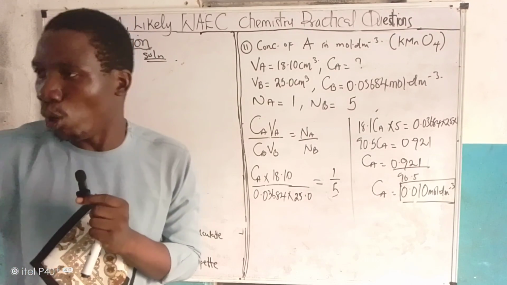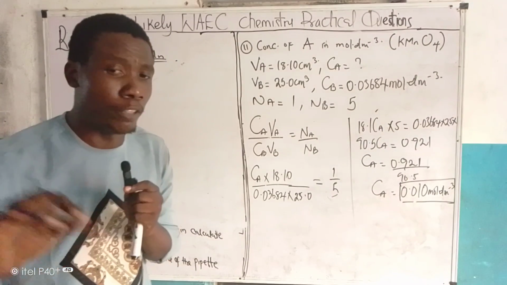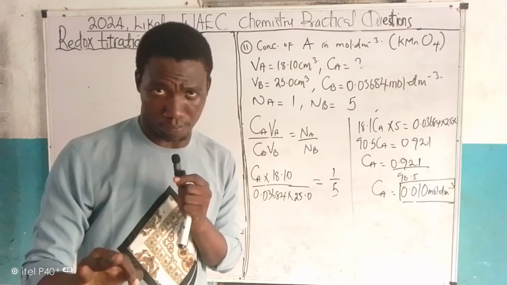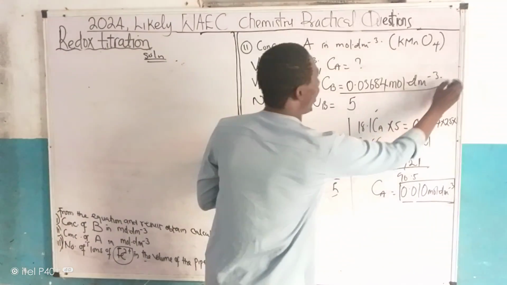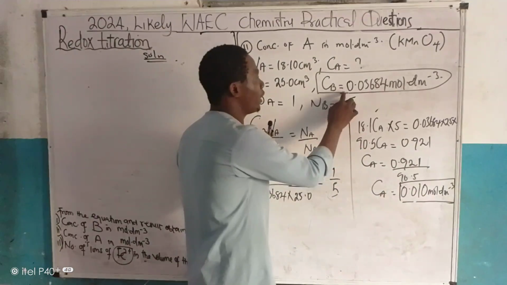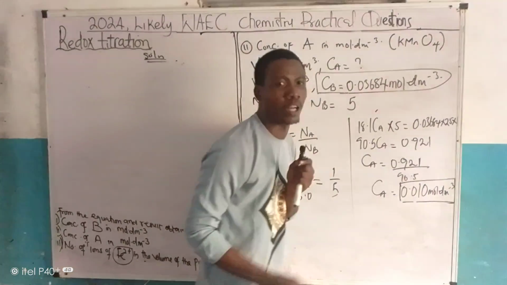Remember, the number of moles in the volume of the pipette. Remember, the volume of the pipette is 25.0 cm3. Now, remember that the concentration of B says 0.03684 mole per dm3. What does that mean?